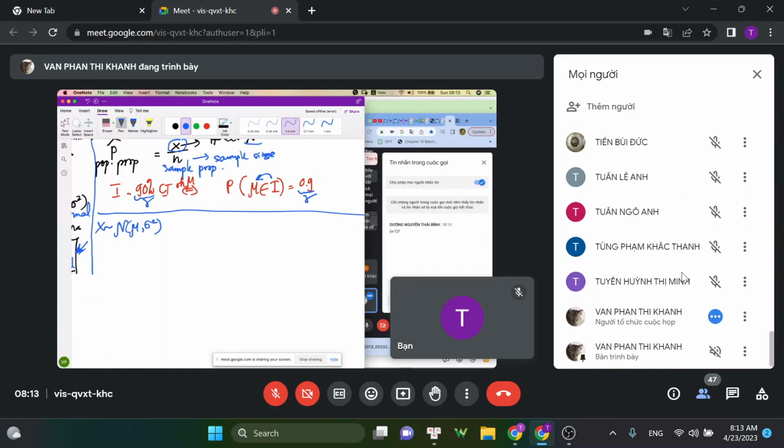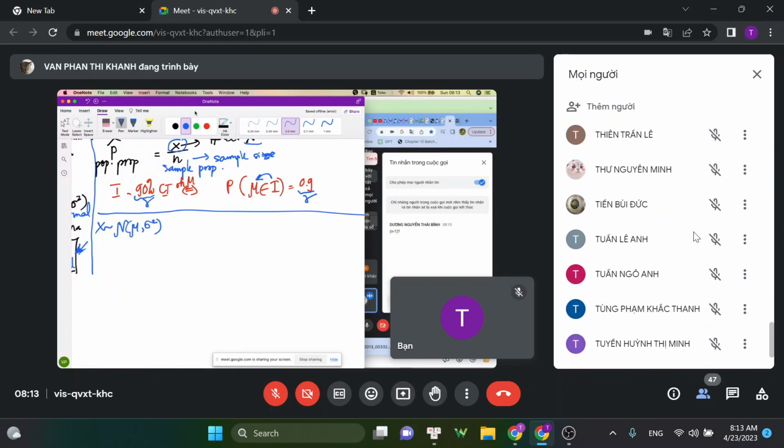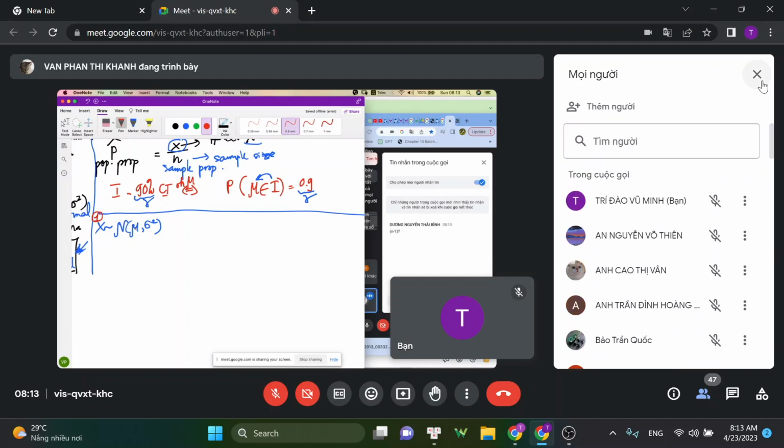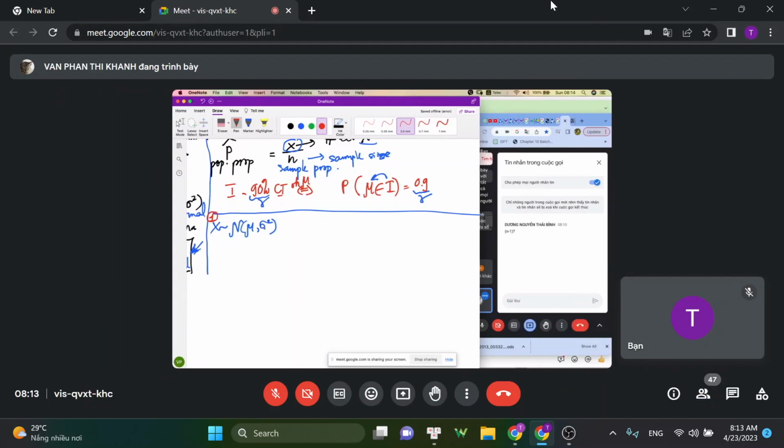if x is normal, right? The first case here, x is normal, with the mean mu and the variance sigma square, and sigma here is known. So we have a two-sided confidence interval and a one-sided confidence interval.